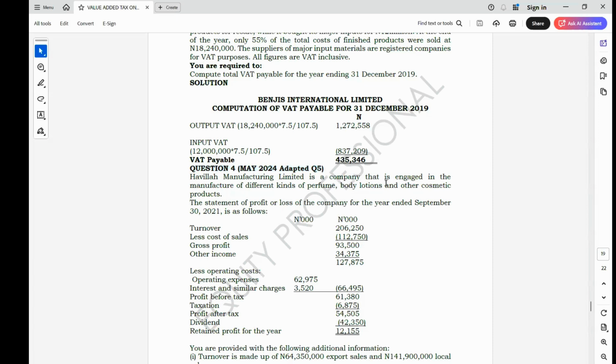So we have Avila Manufacturing, a company that is engaged in the manufacture of different kinds of perfume, body lotion, and other cosmetic products. The statement of profit or loss of the company for the year ended September 30, 2020 is as follows. We have the turnover, less cost of sales, gross profit, other income, less operating expenses, interest and similar charges, profit before tax, taxation, profit after tax, dividend, retained profit for the year.